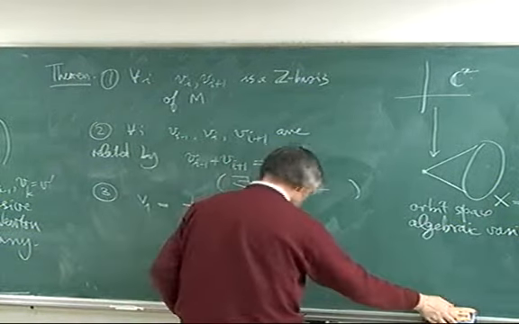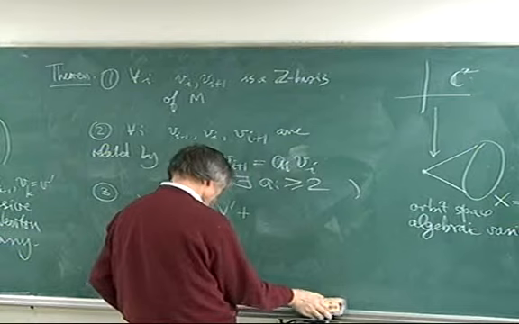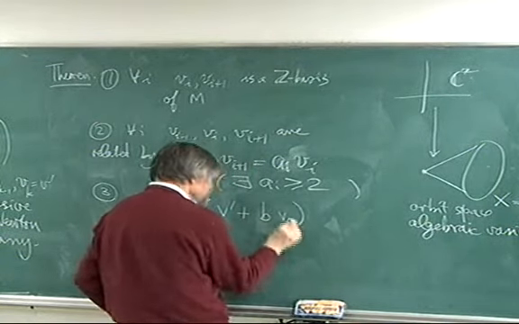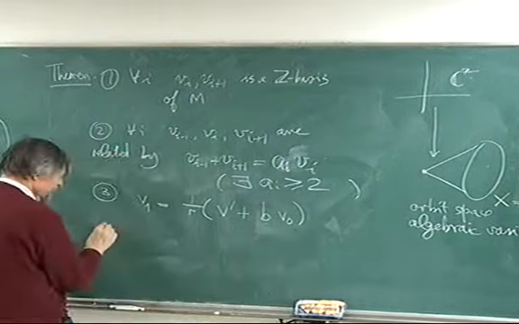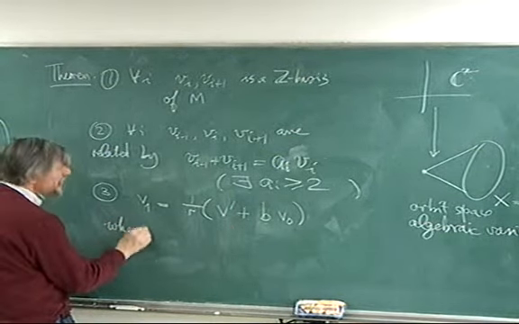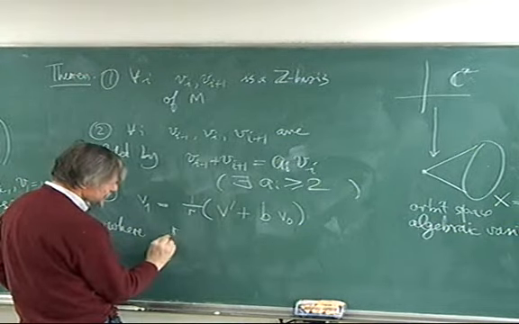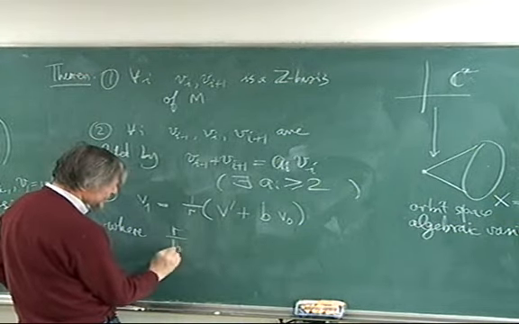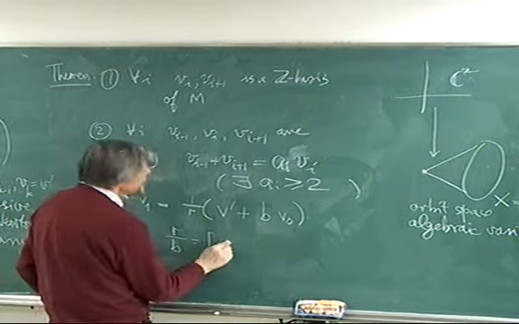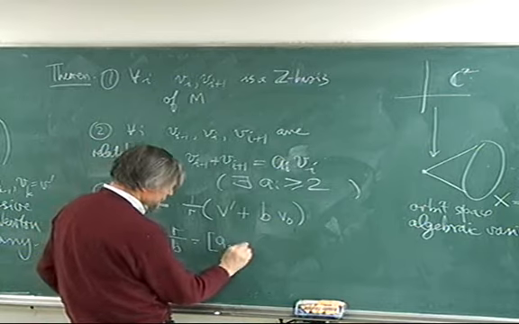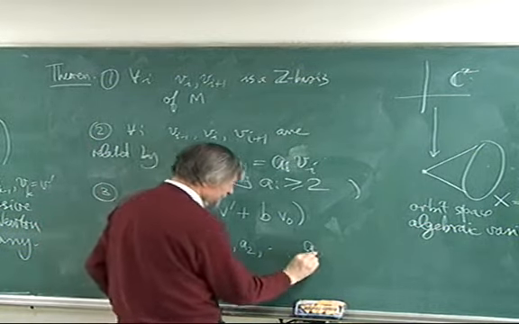Okay, let me use different notation. V naught, where r over v equals the continued fraction a1, a2 to a k minus 1.